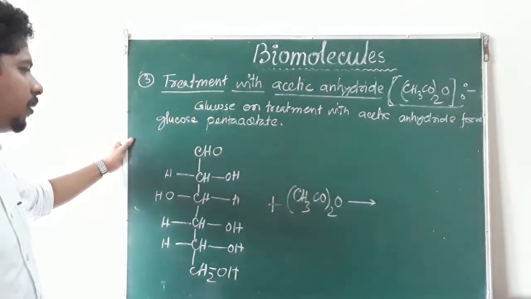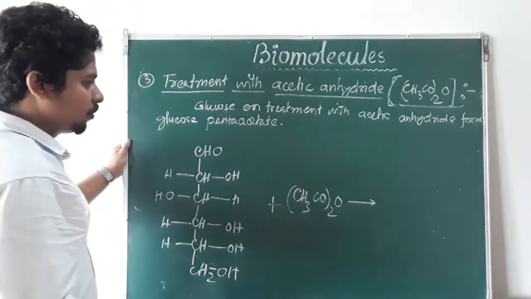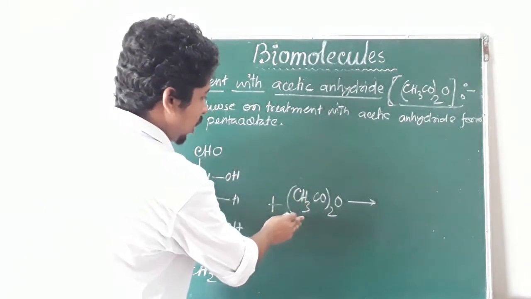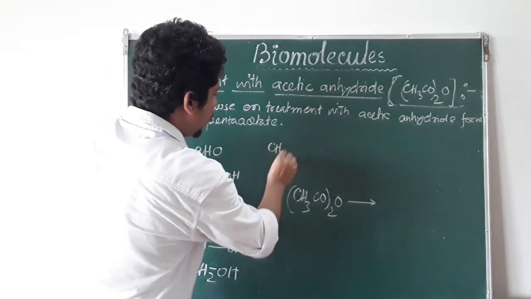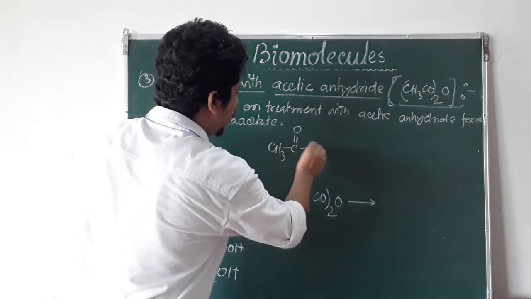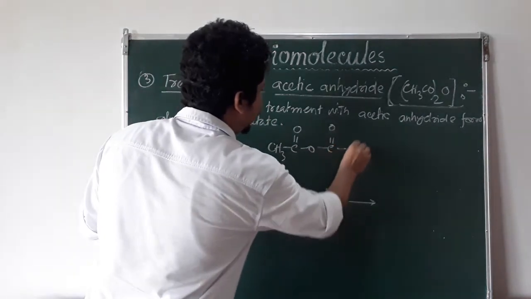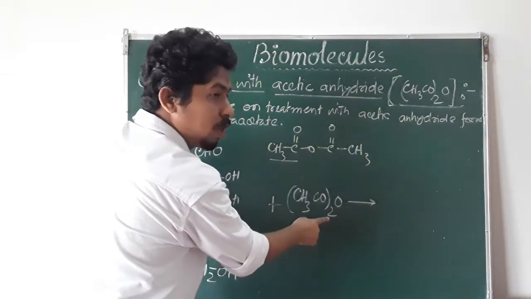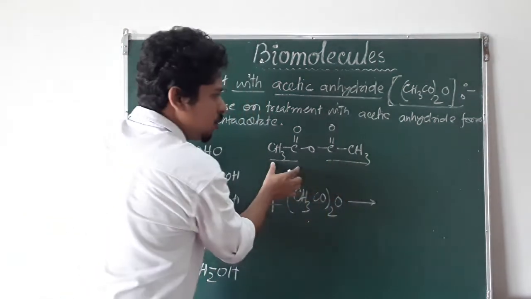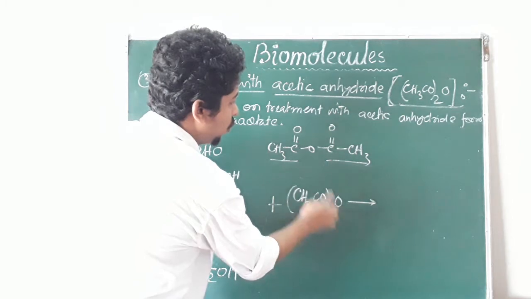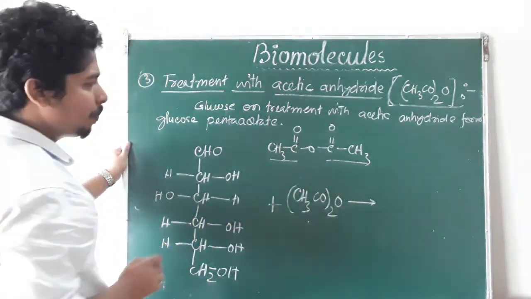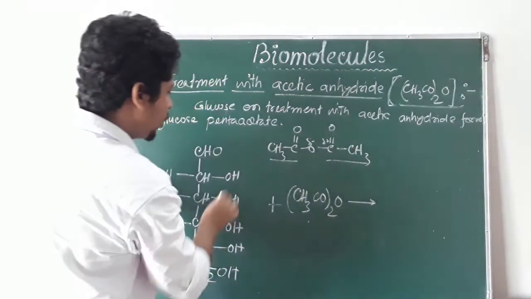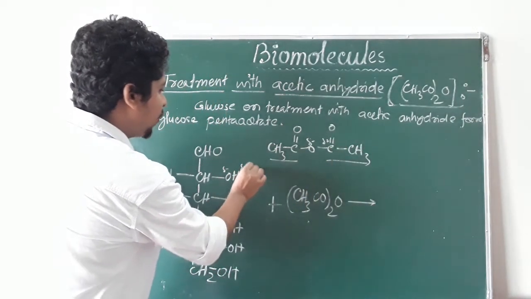Now this acetic anhydride we can write like this: CH3C double bond O, bond O, bond C double bond O, bond CH3. Here we have CH3CO twice, so (CH3CO)2O. So what will happen? Suppose this is delta minus, this is delta plus.